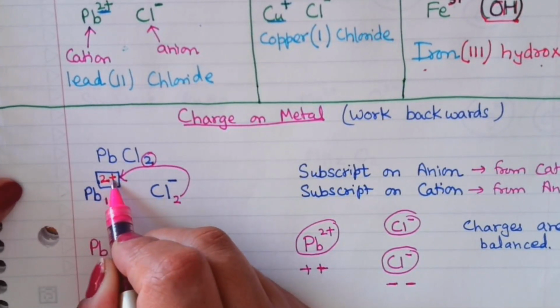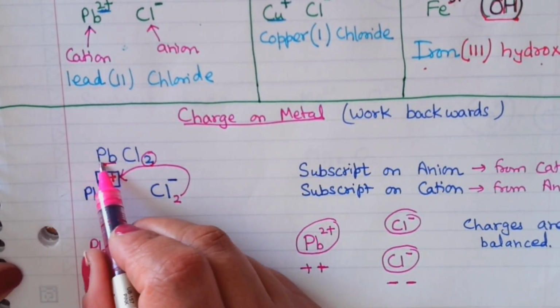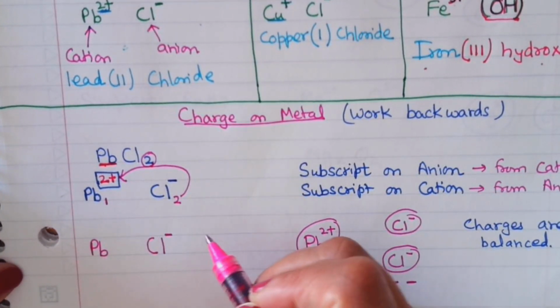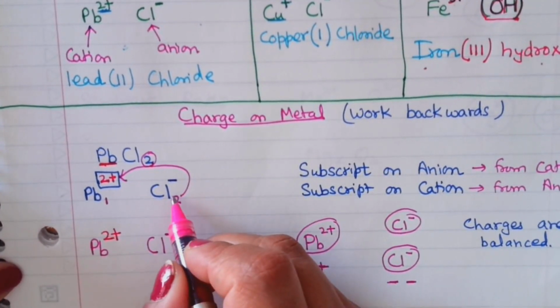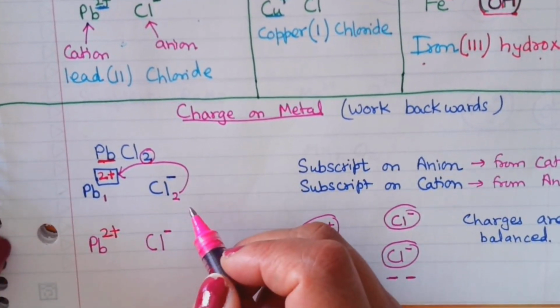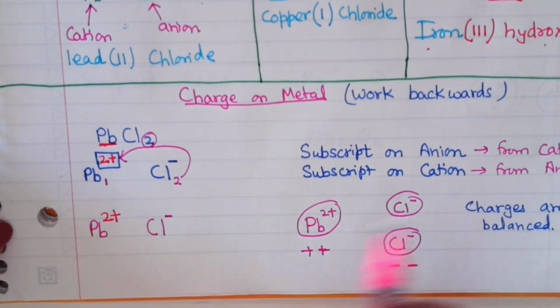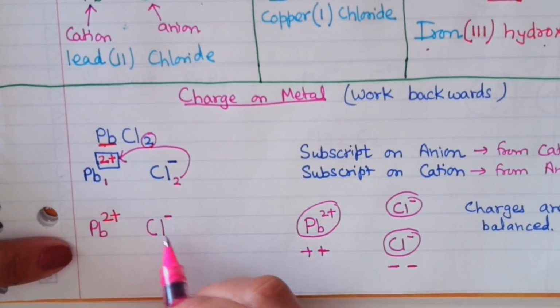So it has to be a positive charge. So that too is the charge of the metal atom, and it would always be +2, right? So lead has a charge of 2+, and chloride I already know from the periodic table is always 1-, right?